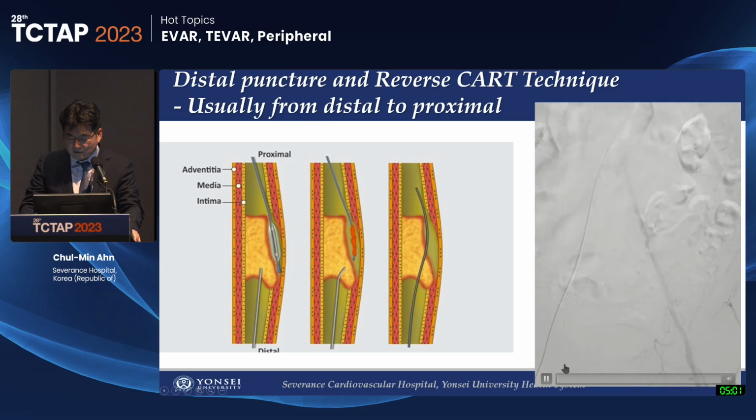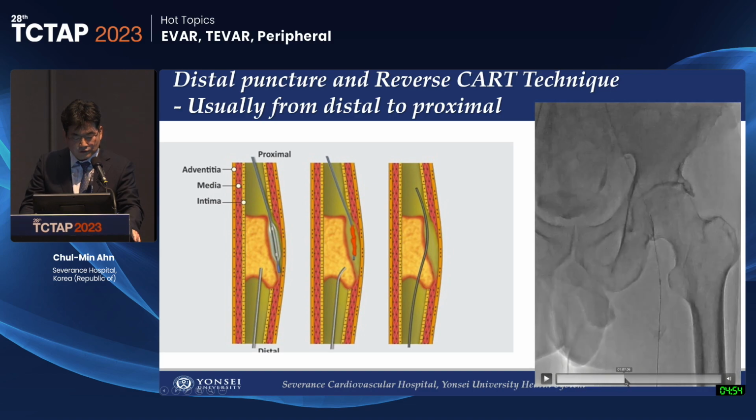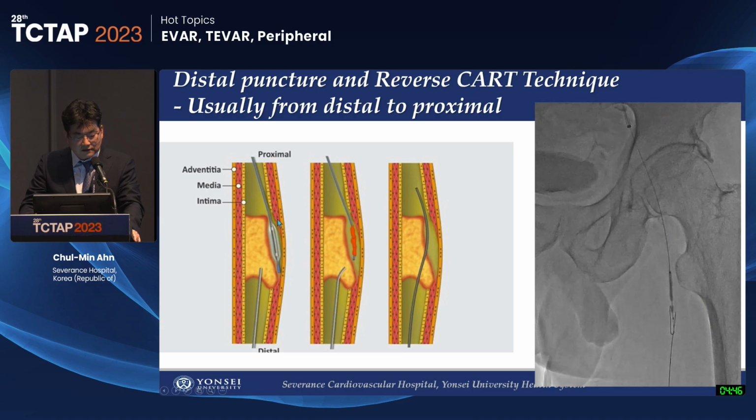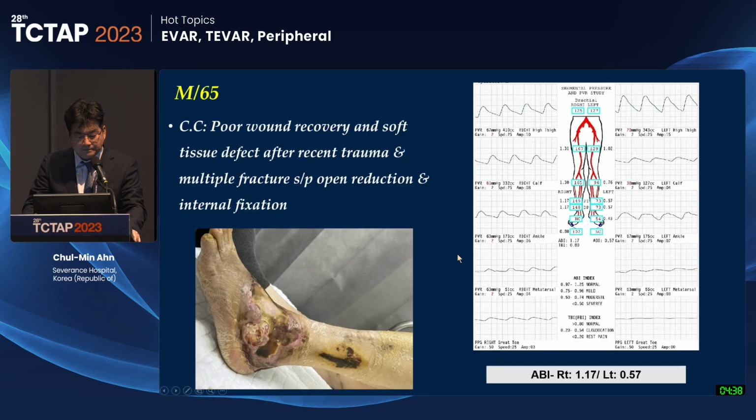Initial antegrade wiring and subintimal space narrowing by ballooning, and then retrograde wiring, make complete wiring of the long CTO segment possible. Sometimes antegrade decompression by ballooning can make retrograde wiring easier to penetrate.